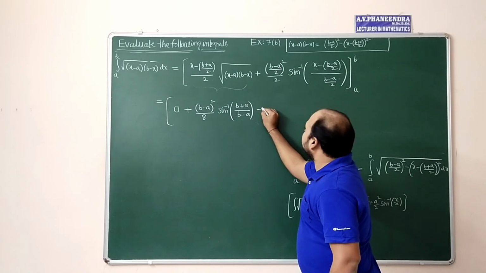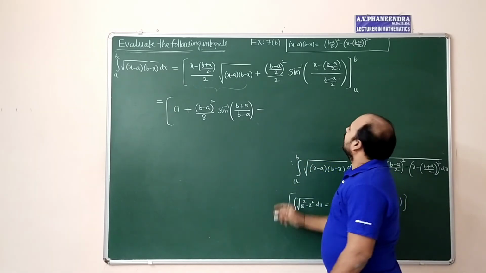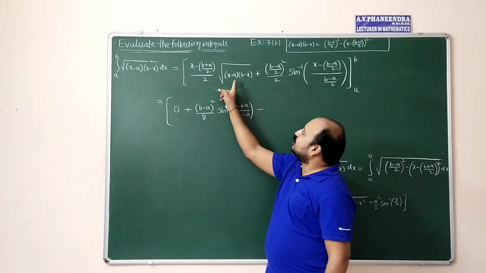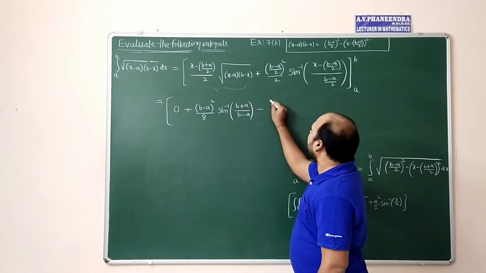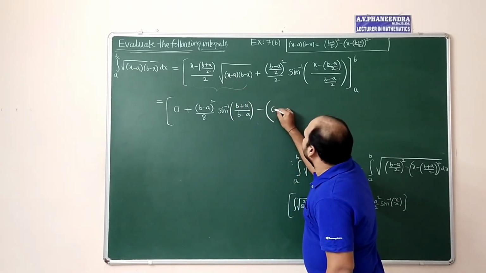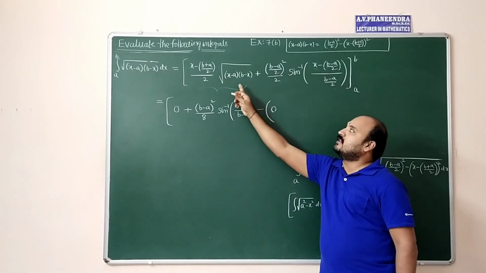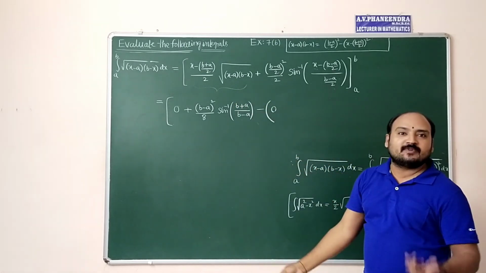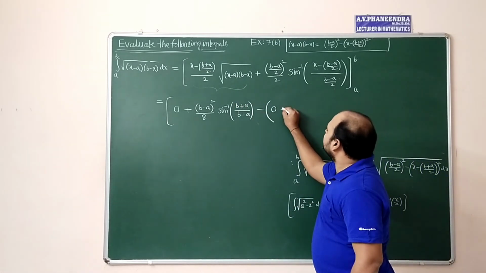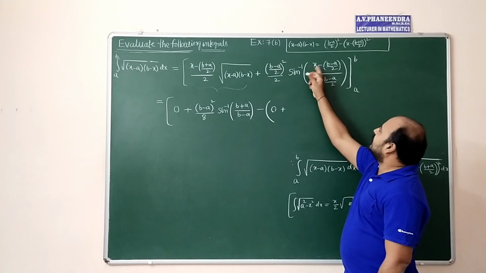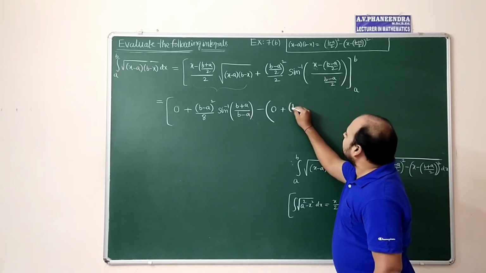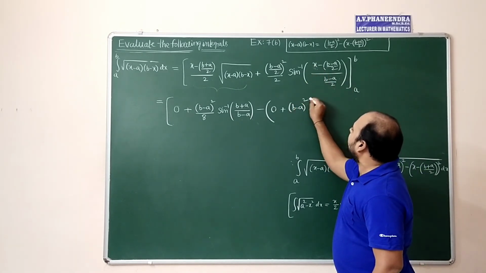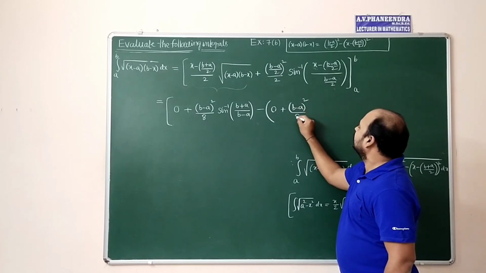Come to minus lower limit. Whenever x is equal to a, substitute in this: a minus a goes to be 0. Keep bracket. Lower limit x is equal to a, substitute in the first term. That value also goes to be 0. Plus, in place of x here, lower limit we are substituting. Before that, (b minus a) whole square divided by 4 into 2 is 8.